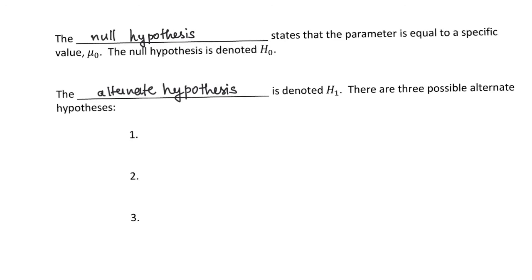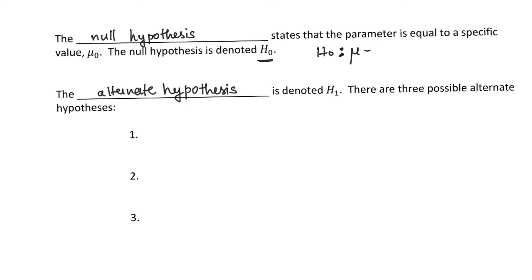In general, a null hypothesis says that a parameter is equal to a certain value, while the alternate hypothesis says that the parameter differs from this value. Often the null hypothesis is a statement of no change or no difference, while the alternate hypothesis states that a change or difference has occurred. We usually denote the null hypothesis by H0, followed by a colon.